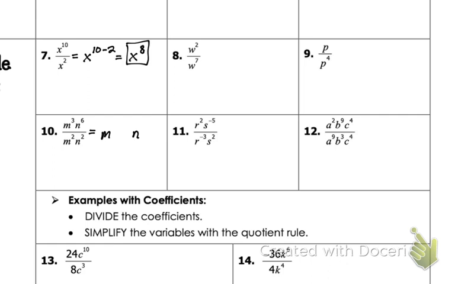That's why we do all the steps, so we don't accidentally just yell out 5, because it's 3 minus 2, which is definitely not 5. And we do n to the 6 minus 2. So we're going to have m to the 3 minus 2, which is m to the 1st. We can just put m if we want to. I like putting first because I saw what happened, but you can just put m. And then we have times n to the 6 minus 2, which is n to the 4th.